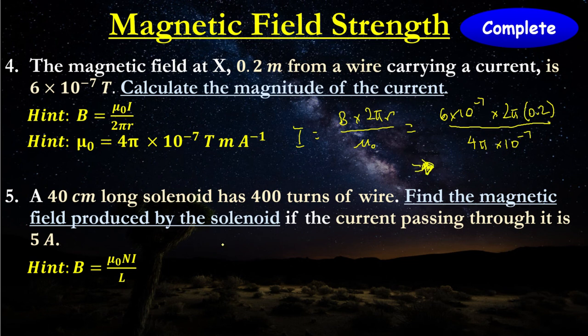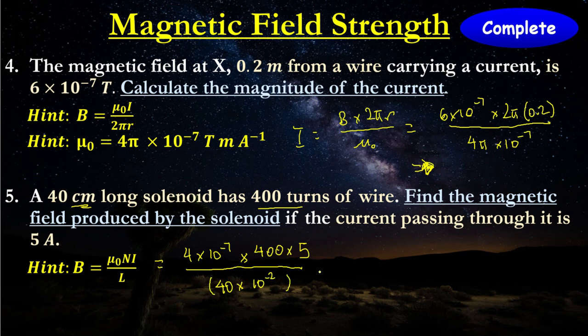And then our next question is to look at a solenoid. So magnetic field strength is mu naught, 4 pi times 10 to the power of minus 7. The number of turns we have is 400, times the current, which is 5. The length of exposure is 40 centimeters, so we need to convert that into meters. That would be 40 times 10 to the power of minus 2, which represents the meters. Let's go into the actual values.